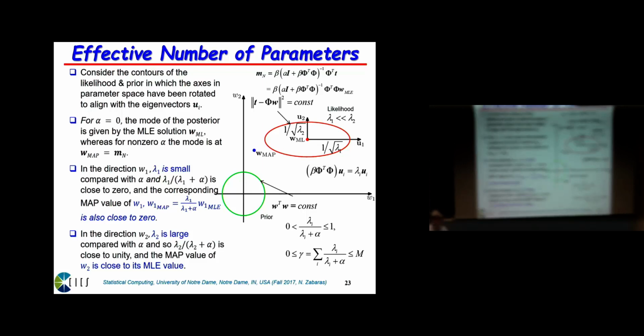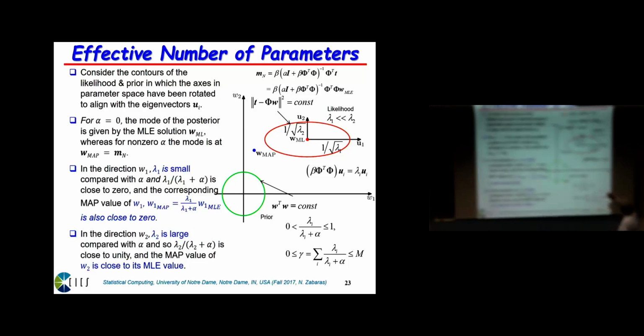You constrain W transpose W to be within this contour that you see here, and what it does is push the MLE estimate towards the prior. This is the MAP estimate, in a generic sense.